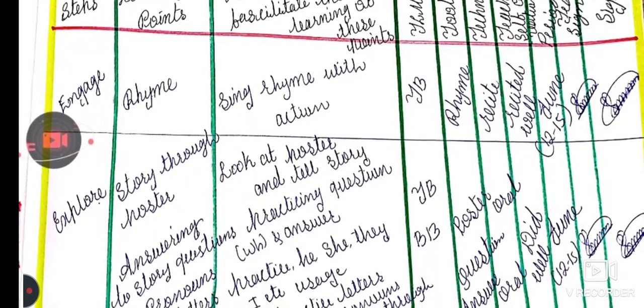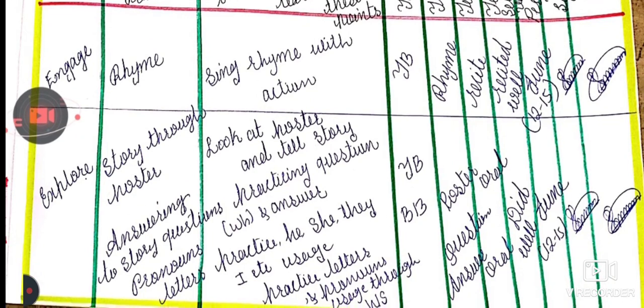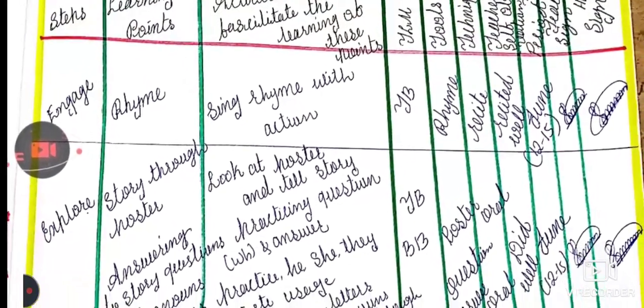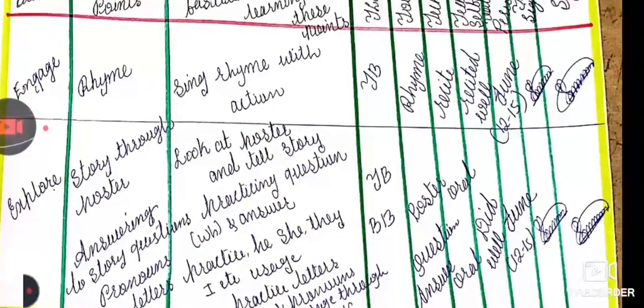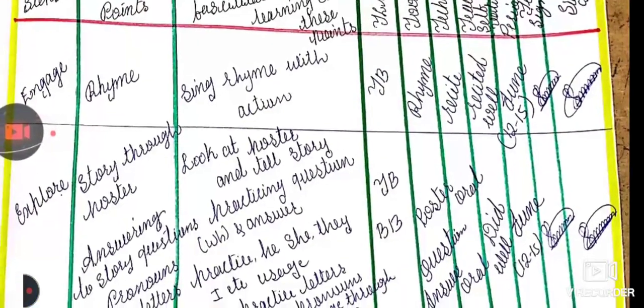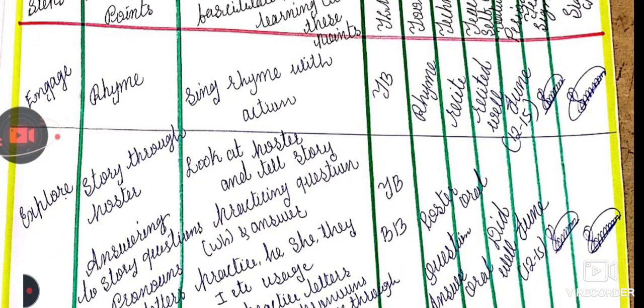And tools we use here are poster, question answer, and techniques for these are story through poster, oral technique. Answering and questioning here, technique is oral technique. And teacher's self observation is did well. And month is June, that is 12 to 15 days we take for completion of milestone 2, and teacher sign, HM sign.